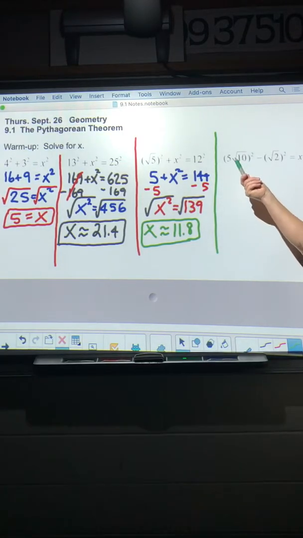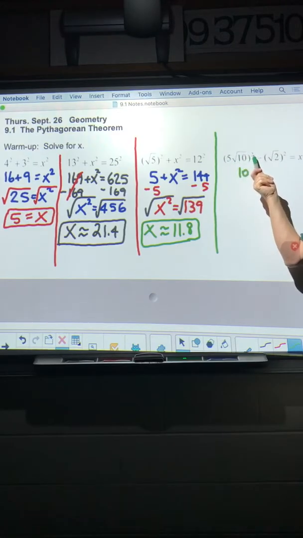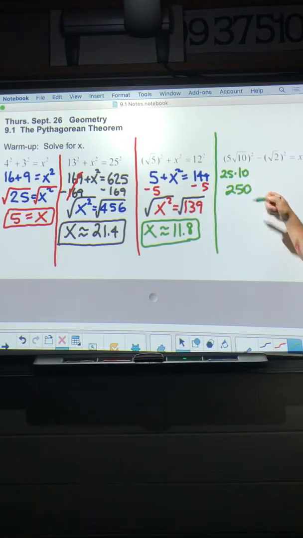Okay, so let's see if we can do this without a calculator. So when we square the square root of 10, we should get 10. And then we're also squaring 5. So this whole thing is being taken to the second power. So we need to do 5 times 5, which is 25. And then this is 25 times 10, 250. The square root of 2 squared is just 2.